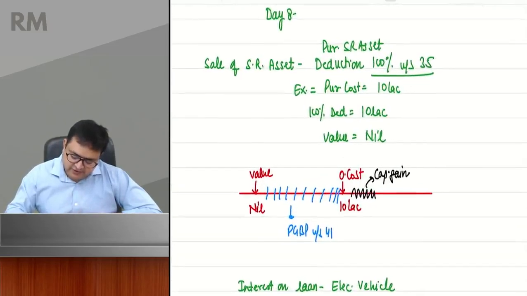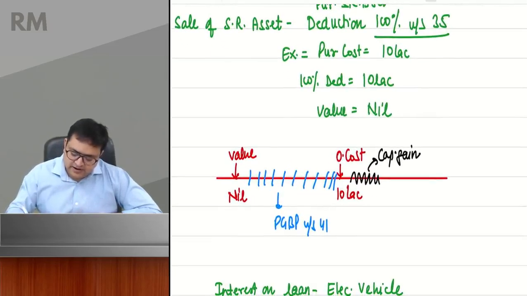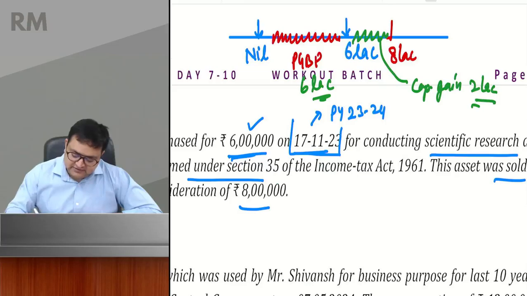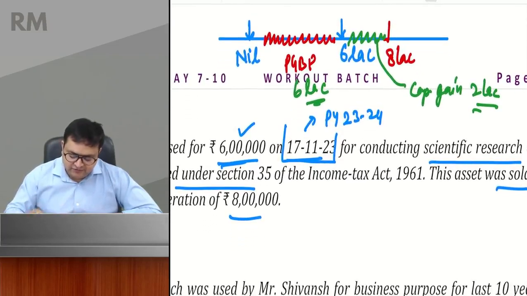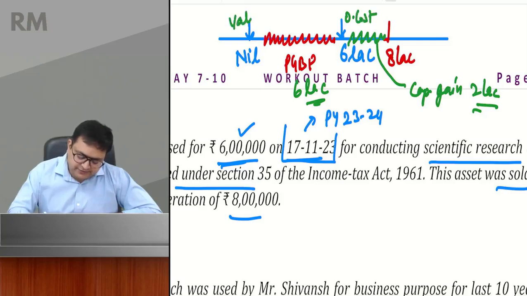Over and above your original cost, it's a capital gain, and up to your original cost, it's just PGBP. So in this case, 6 lakh is PGBP, 2 lakh is capital gain. Everybody is okay with it. If you want, you can note it somewhere. This is the original cost. This is its value right now.